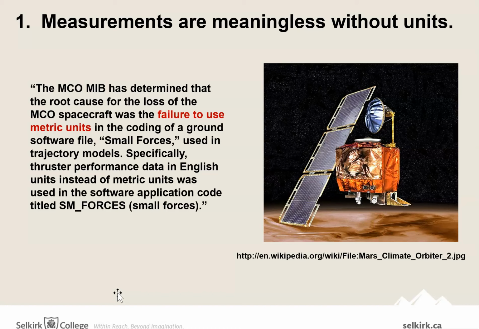The programmers who programmed it thought they were using English units. The people that built the orbiter thought they were using metric units. And because often when you change from one measurement system to another, the numerical value changes as well, this was programmed for the wrong trajectory. It flew past Mars and never ended up in orbit, so millions and millions of dollars were lost. You're going to put a unit on every quantity.